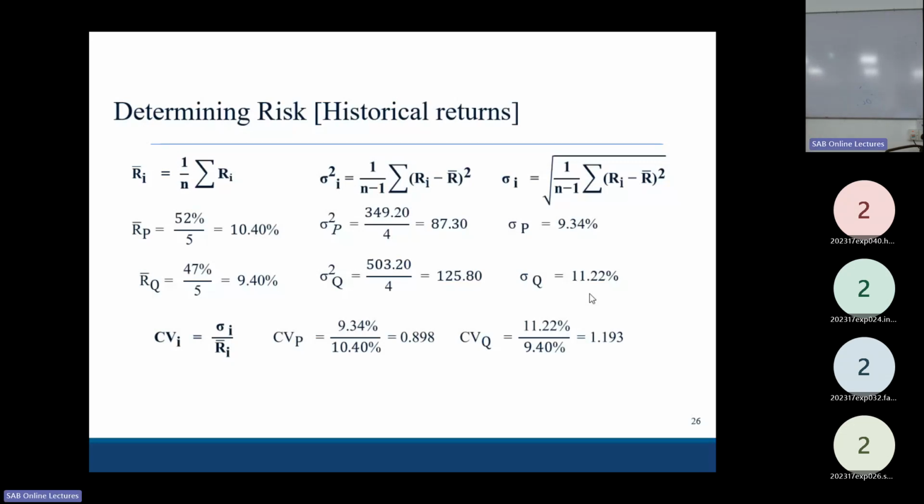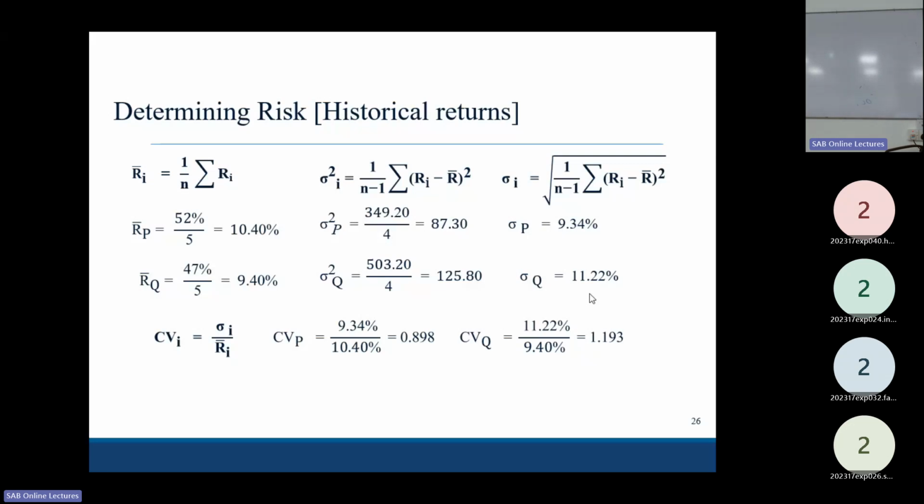So there is no conflict here, as both the standard deviation and the coefficient of variation suggest the same answer. But sometimes you will get a different choice when you go with standard deviation and coefficient of variation.